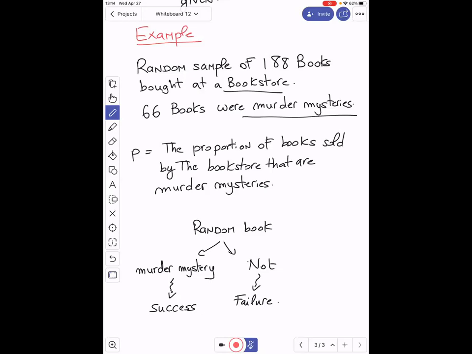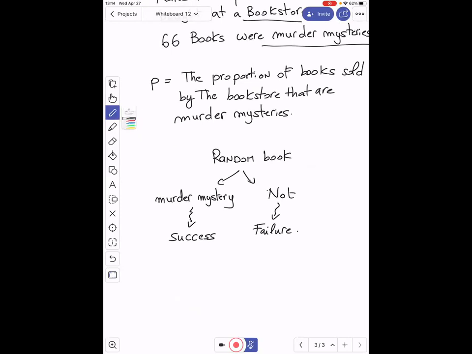So the probability of success P in this example is unknown.